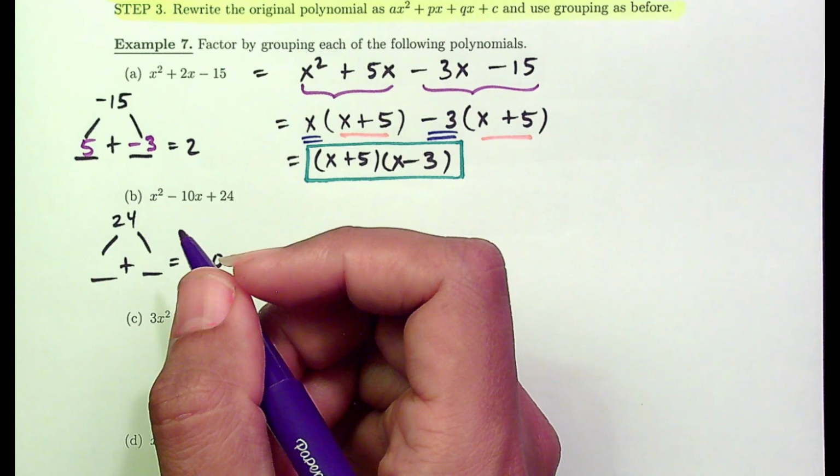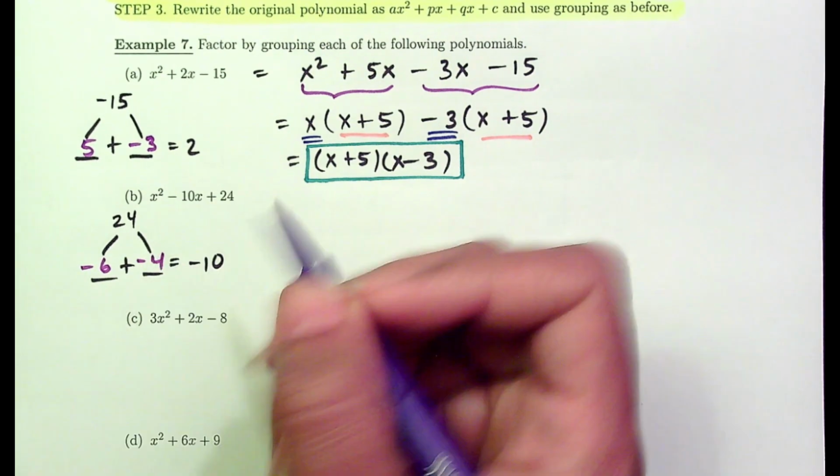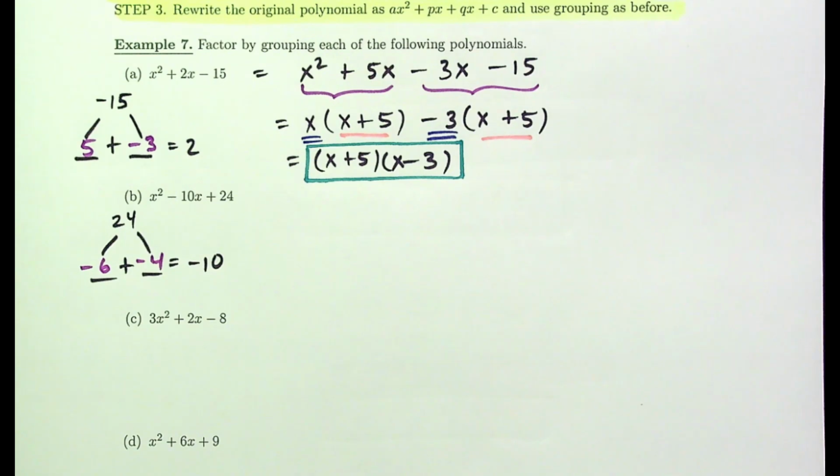Negative 6 and negative 4 work. Negative 6 times negative 4 is 24. Negative 6 plus negative 4 is negative 10. Yeah, that works. Okay, then you're going to break up.